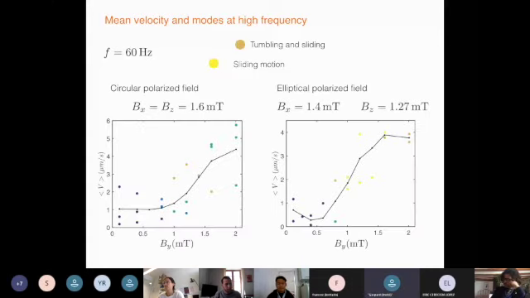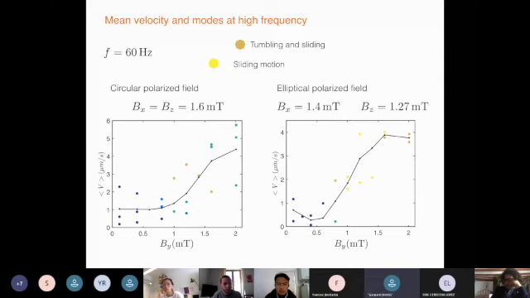So if you look at the velocity as a function of the amplitude of the transverse field, for a circularly polarized field, at low amplitudes you have the wheel motion. At intermediate amplitude you have the tumbling and the sliding, and then at high amplitude, you have the tumbling.